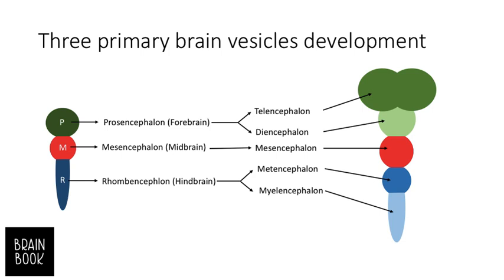The neural tube will become like this, and it contains three parts, including prosencephalon in the inferior part of the neural tube, mesencephalon, and rhombencephalon. The prosencephalon forms the forebrain, as we saw, and mesencephalon forms the midbrain, while the rhombencephalon forms the hindbrain.